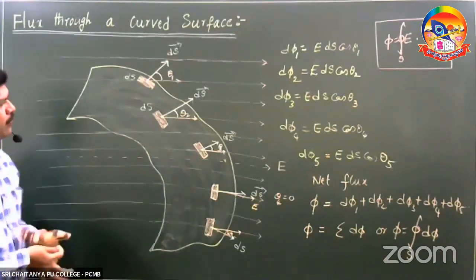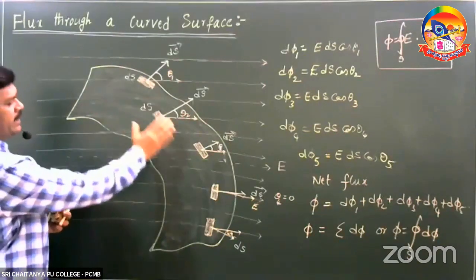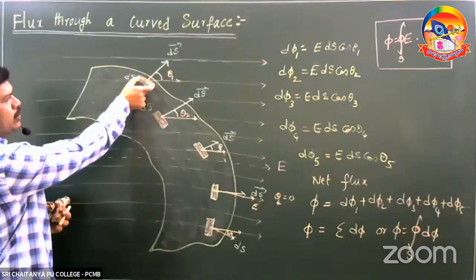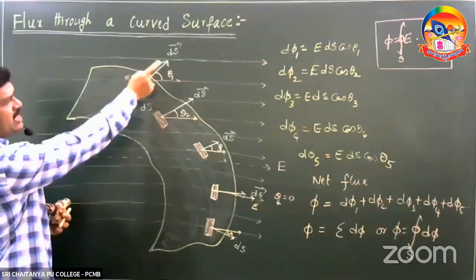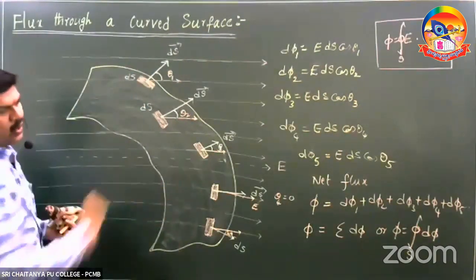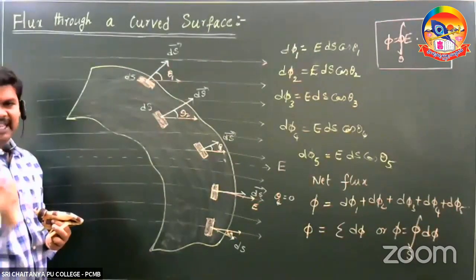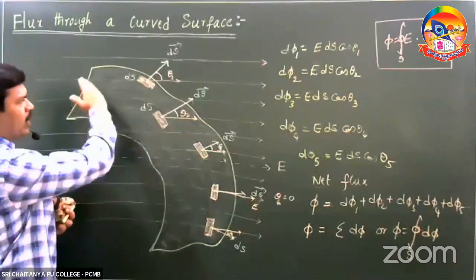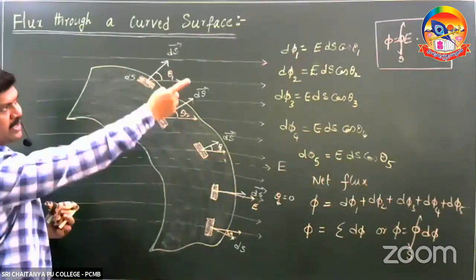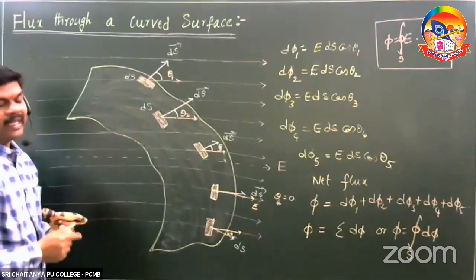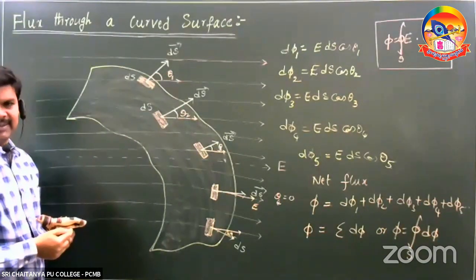So what is the procedure we follow? We divide it into small elements. Then through one such element, what is the flux I find? That I call d phi. Flux through a small element is d phi. Then what is the total flux through the curved surface? Integral of d phi, that is integral of E ds, right?